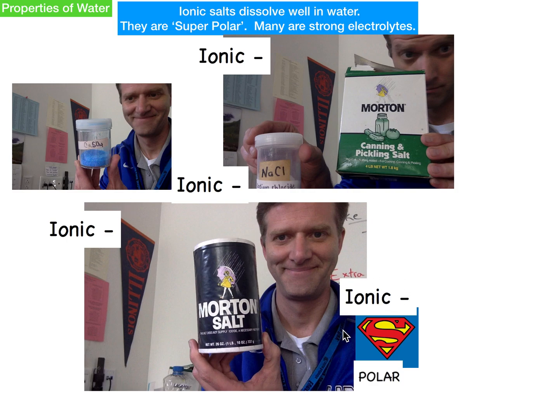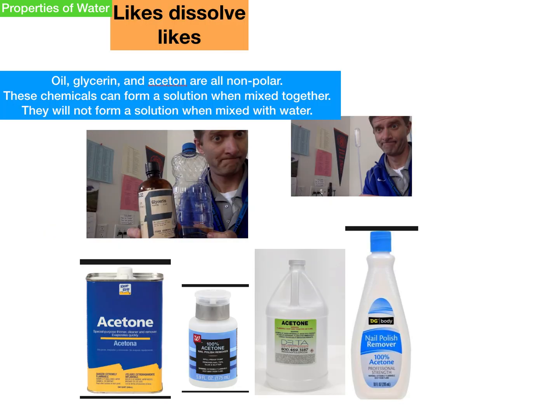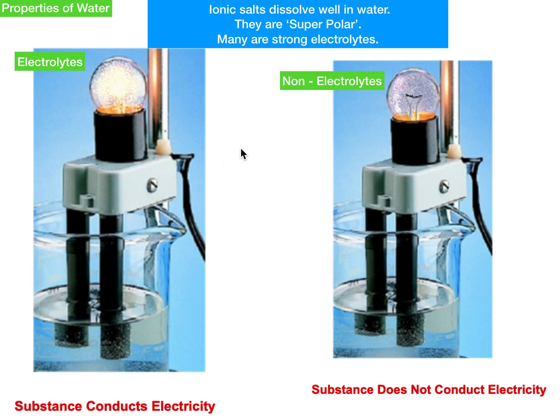Salts, I like to think of salts as being superpolar. Salts will dissolve. Things that dissolve well, often we can call them strong electrolytes. So once again, think about some of the things we played around with in class. If we got it to dissolve and it was a strong electrolyte, we could put a little light bulb in there.